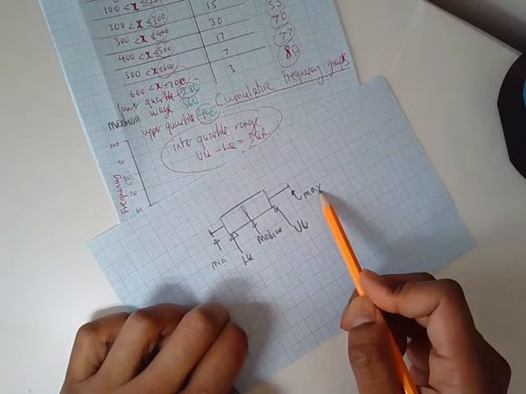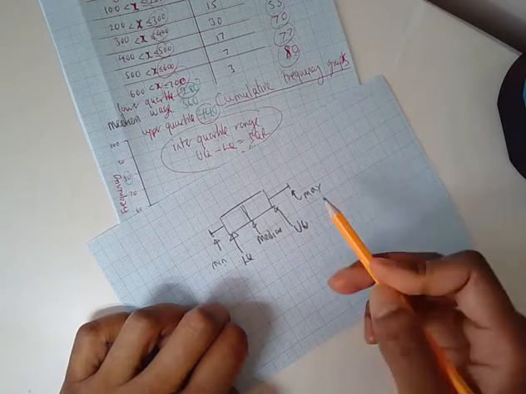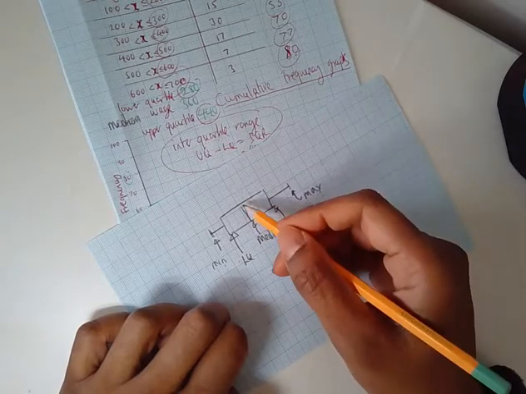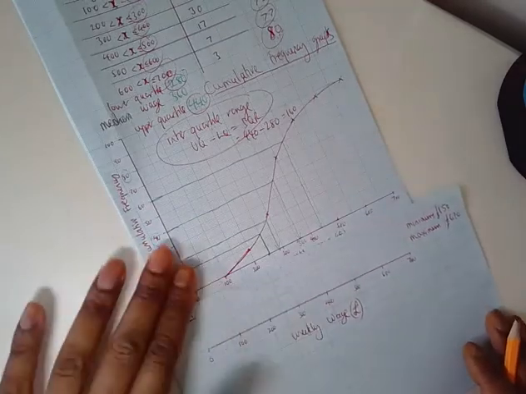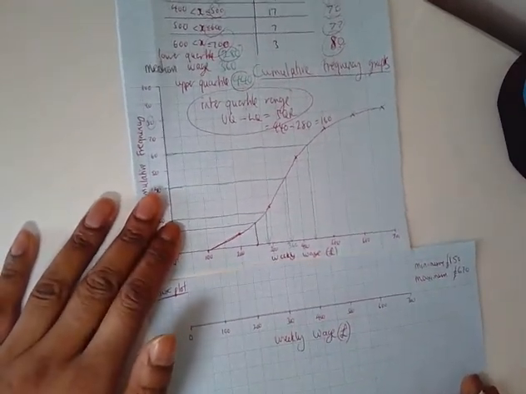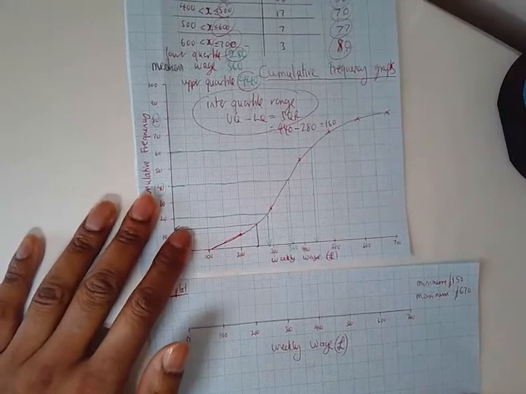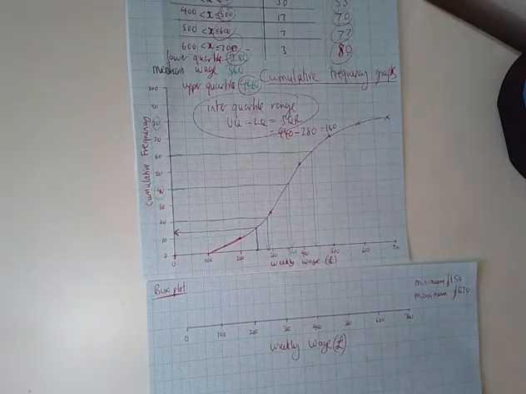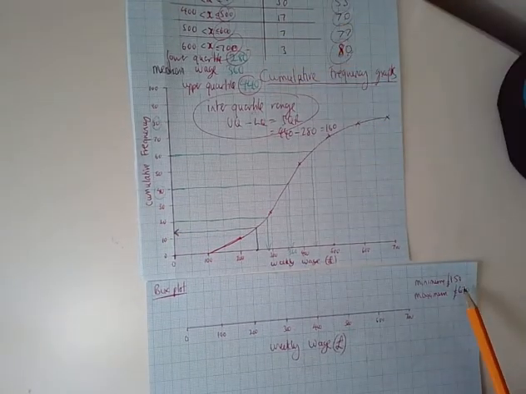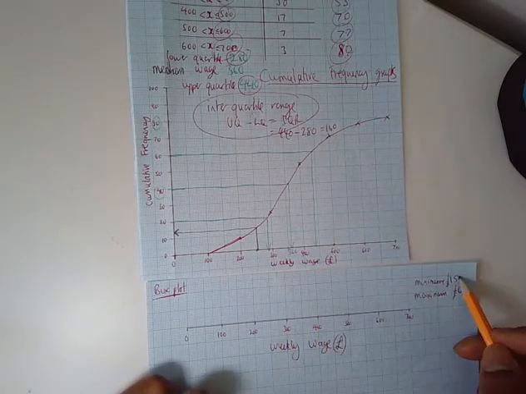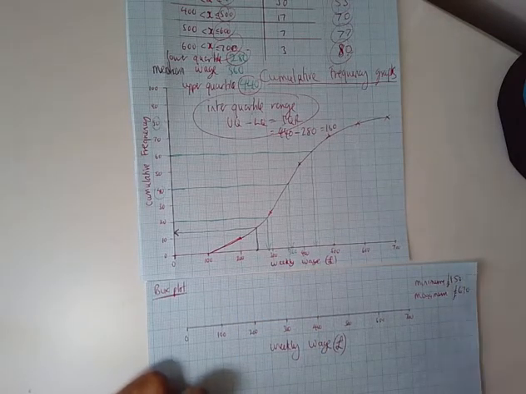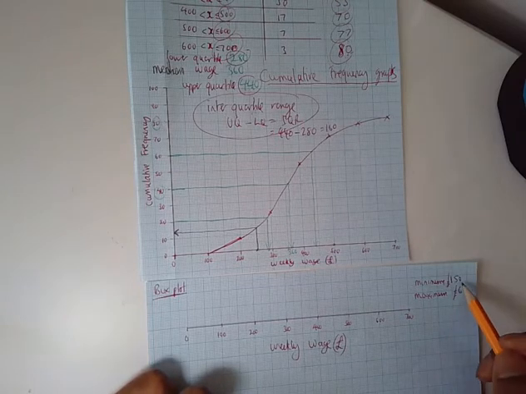Minimum, maximum, lower quartile, upper quartile, median. So minimum, I'm stating, is £150. Where did I get that information from? I've made it up. It will be given to you in the question.